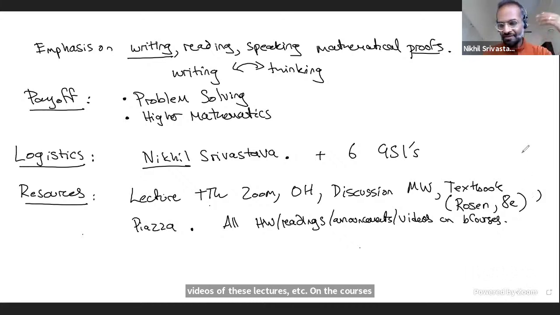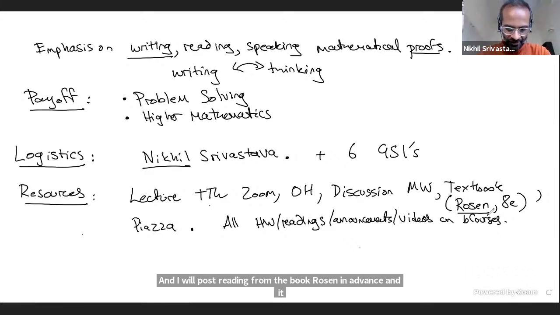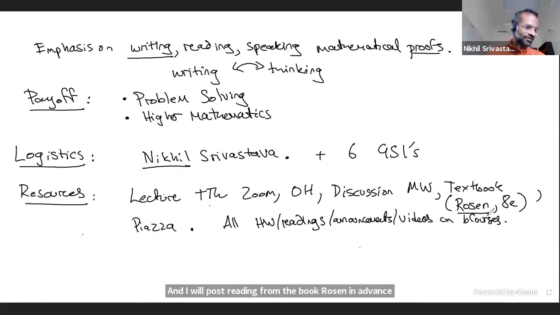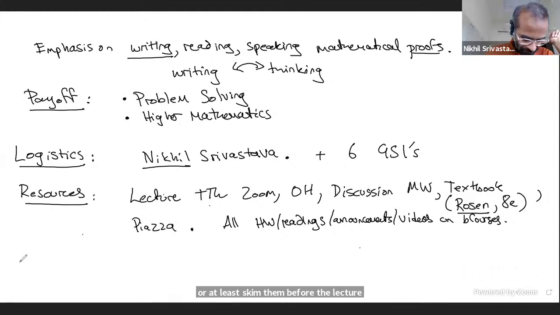As somebody pointed out, the dates are a bit messed up because I just copied the table from last year. I'll finalize the schedule right after the lecture today, but generally that's where you'll know what's going on. I will post readings from Rosen in advance, and it's most helpful to read those, or at least skim them, before the lecture. So those are the resources.